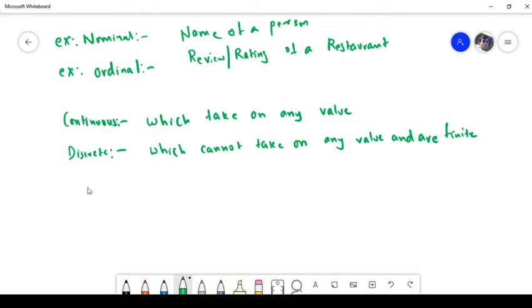In order to perform any statistical analysis, we need to have data. In order to have data, we need to collect the data. So how are we going to collect the data? Data collection is categorized into two different types.